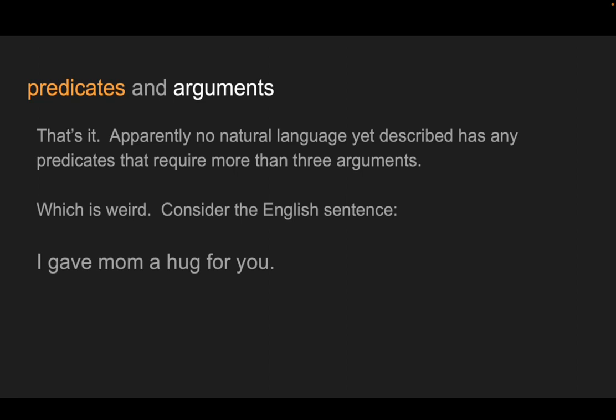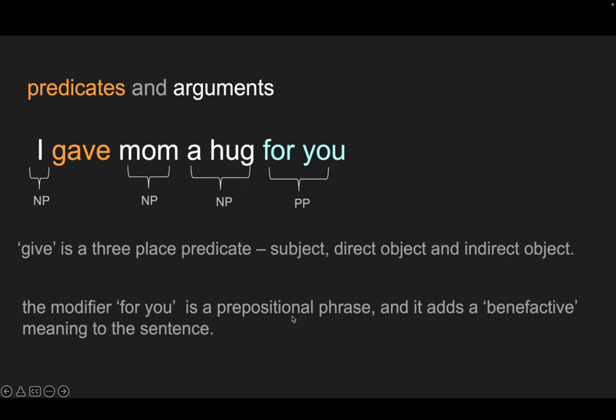That's a very normal kind of meaning to try to say in a sentence. And in English, if I wanted to say a sentence like that on the verb give, which is a three-place predicate, I would say I, that's the subject, gave, that's the verb, mom, direct object, a hug, indirect object. And then to get that fourth participant in there to say I'm doing this on your behalf, I have to use a prepositional phrase.